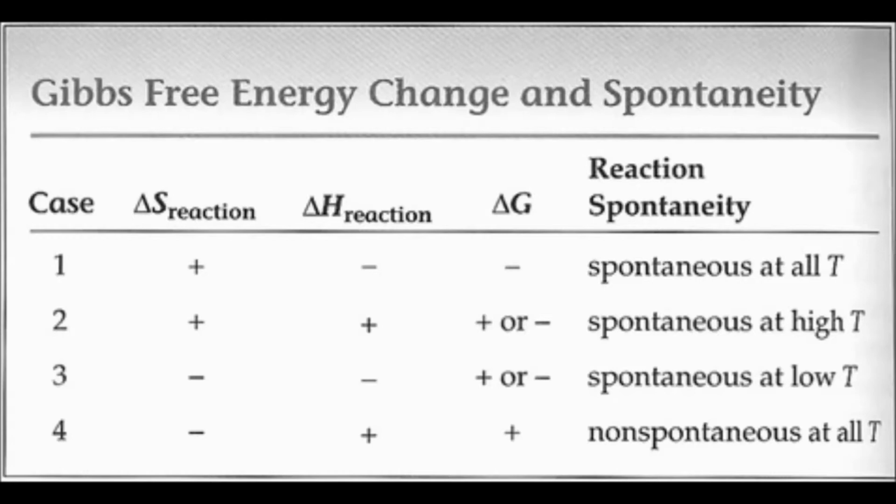Delta G can also be negative in this case. Now if all of the values are negative, then it's spontaneous at low temperatures, with delta G having the capability to be positive. Now, if your delta S is negative, delta H is positive, and delta G is positive, then your reaction will not be spontaneous at any temperature.